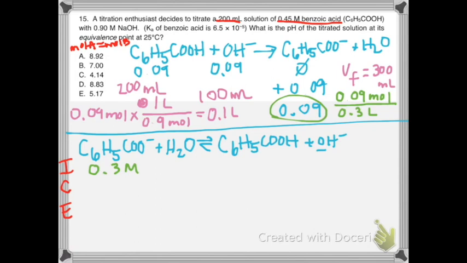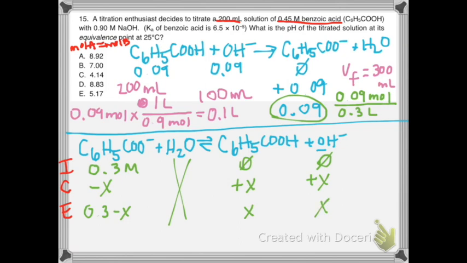And so now with our initial concentration of the benzoate, we can continue ahead and ice it out. So we'll have minus x, 0.3 minus x, ignore water because it's a liquid, 0, 0, plus x, plus x, x, x.